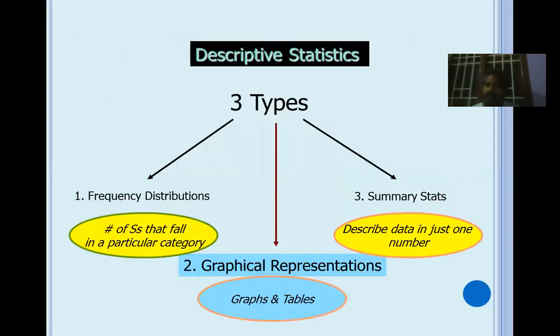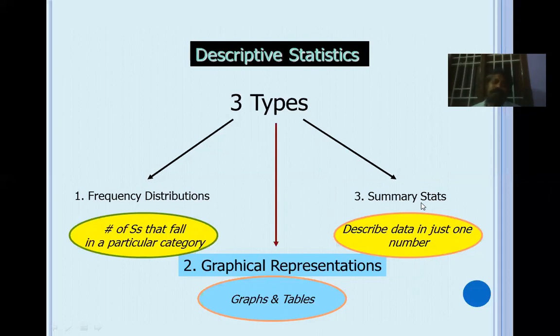So in descriptive statistics, you can have 3 different types of analysis. One is frequency distribution. You simply say that 40% are female, 20% are UG qualification, 30% are assistant professors, that kind of frequency distributions. And secondly, we have graphical representation. You use all kinds of graphs and charts. And thirdly, we have summary statistics.